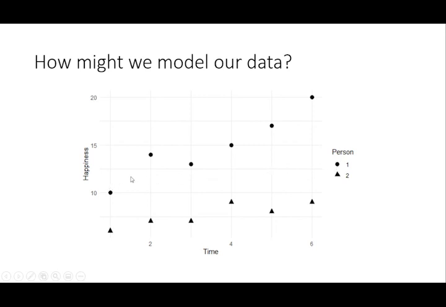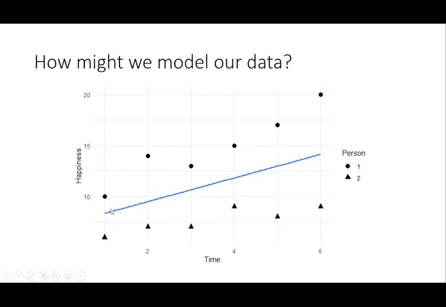Just by plotting the data, which is the first thing that you should always do, you can see that there are quite different trajectories between the two individuals. If we were just doing a simple linear regression between time and happiness, we would come up with this relationship, which is kind of fine, but there are issues if we just did this as our analysis.